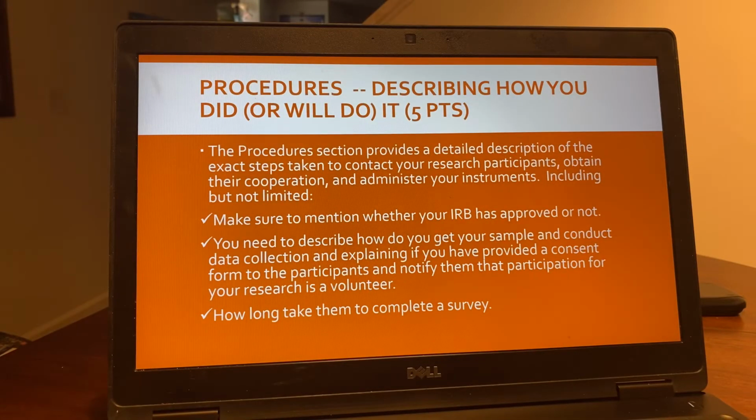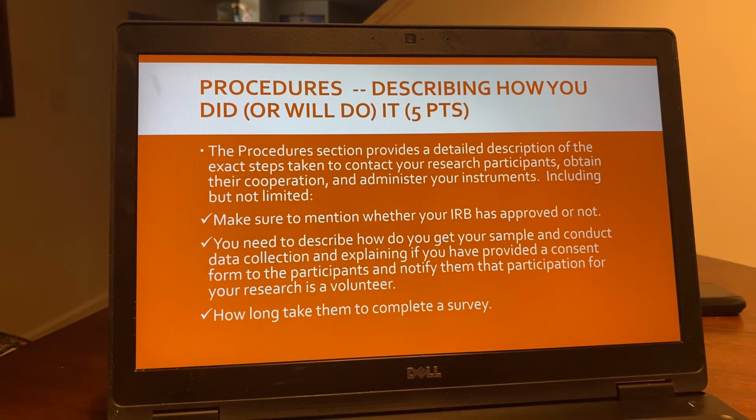Okay, so procedure. It's important to tell the reader you have gotten approval from the IRB. If you don't, you cannot really write this paper. So you're supposed to get IRB approval, right? Then the second part, you describe how you got your sample.